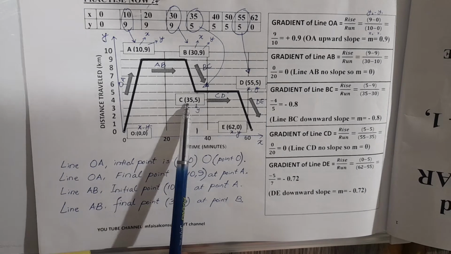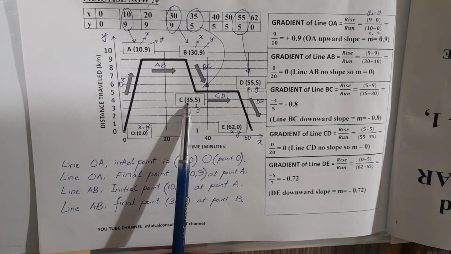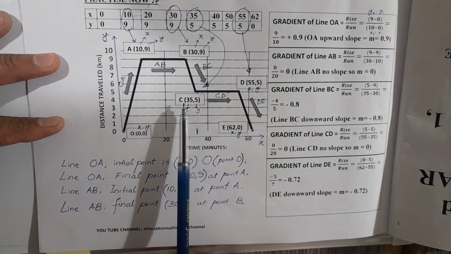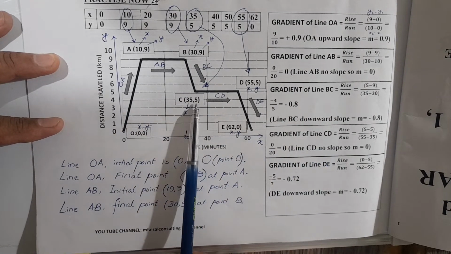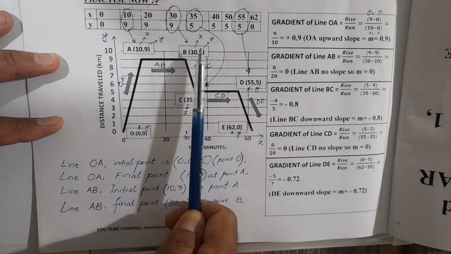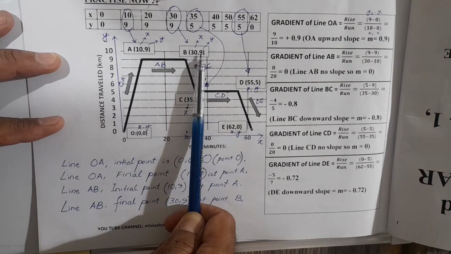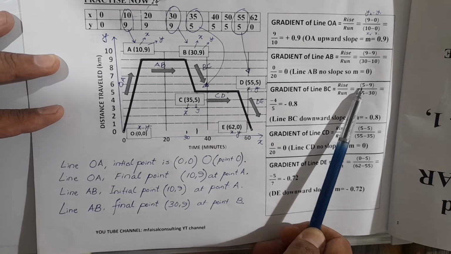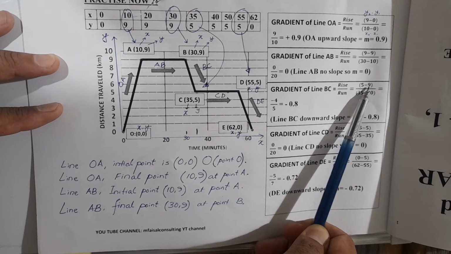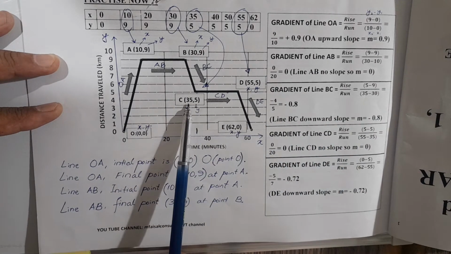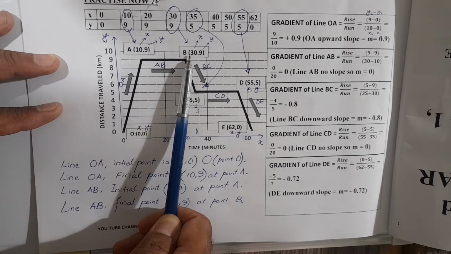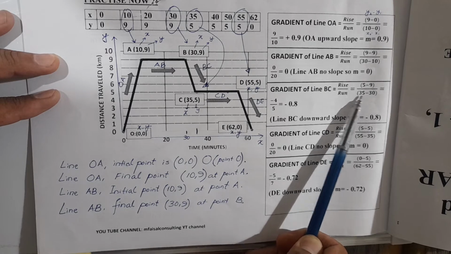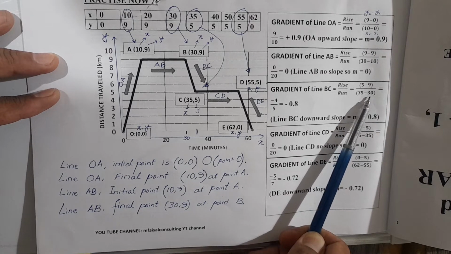C is at point 35 and 5, and B is at 30 and 9. So the final position on the y-axis is 5, the initial position on the y-axis is 9. The final position on the x-axis is 35, the initial position on the x-axis is 30.